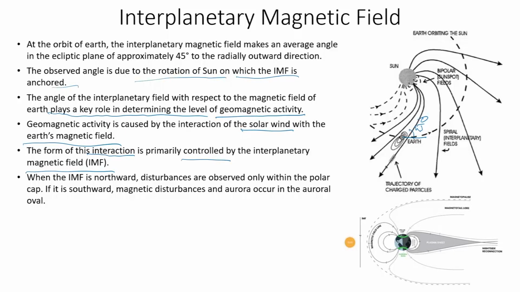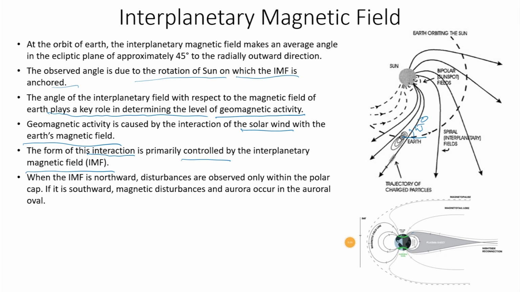You can see here in the polar region, the magnetic field lines are very much stressed and the density is very high. That region is called the polar cap, and here this phenomenon is called the aurora, the northern or southern polar aurora.